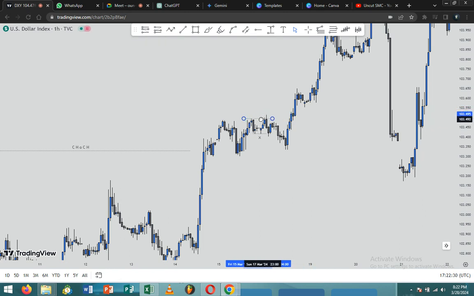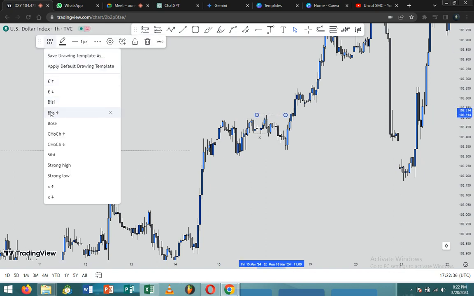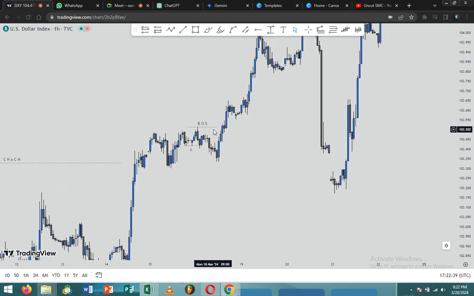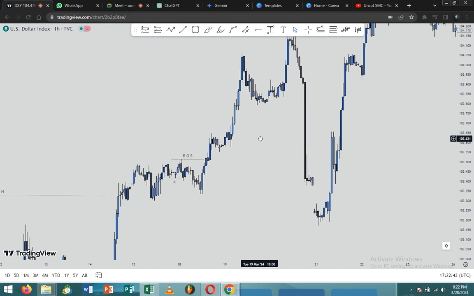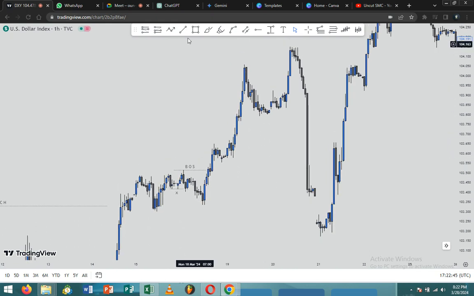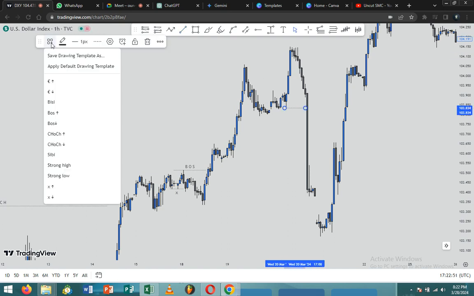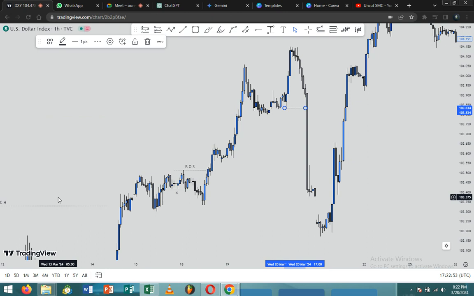Okay, because initially this one would be a break of structure, but it was swept. So that one becomes our new BOS, because we confirm it right here. So inducement, then we can continue to be buying. So we can take this one as our inducement, right?